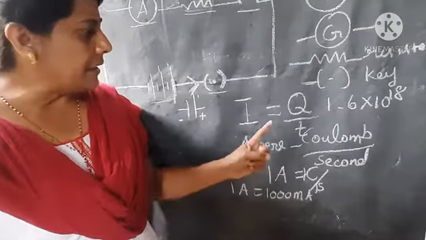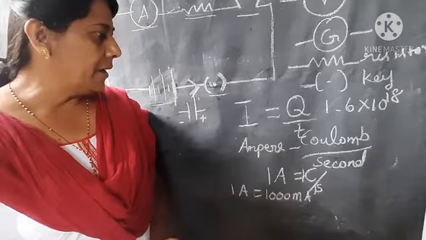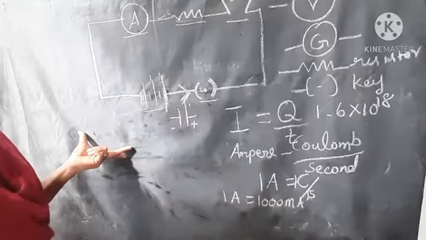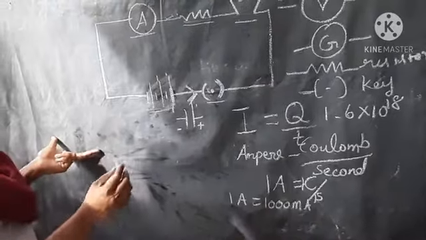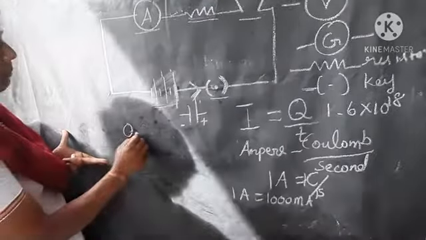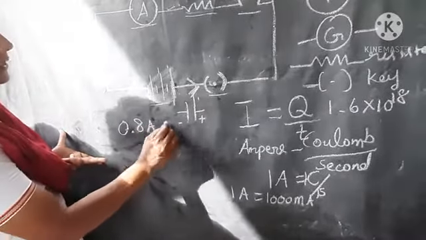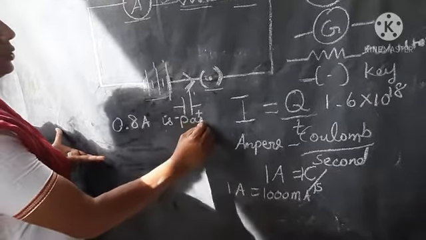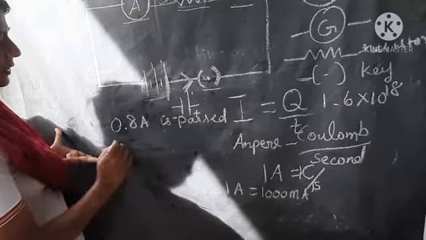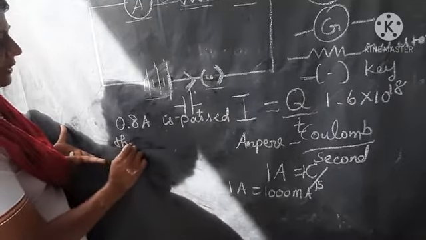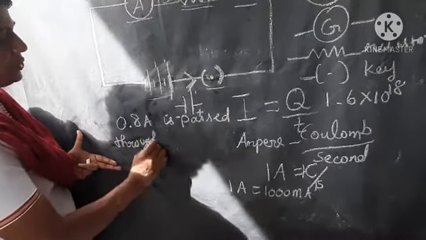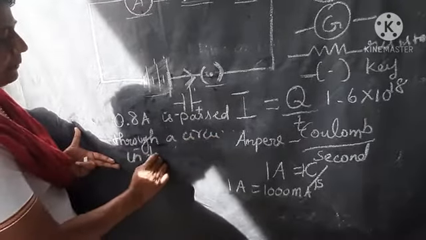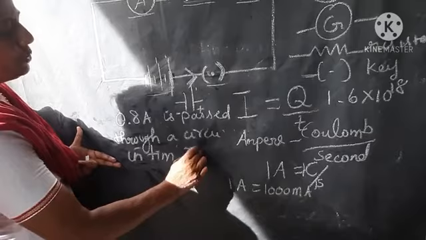Now, based on this equation, we can solve a problem. For example, a current 0.8 ampere is passed through a circuit in time 2 minutes.